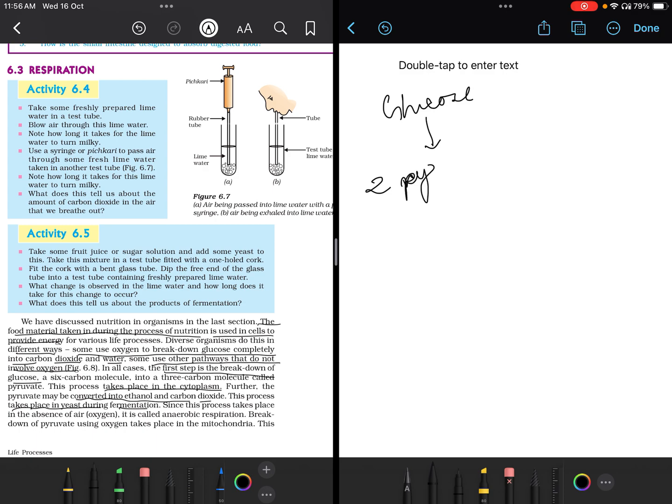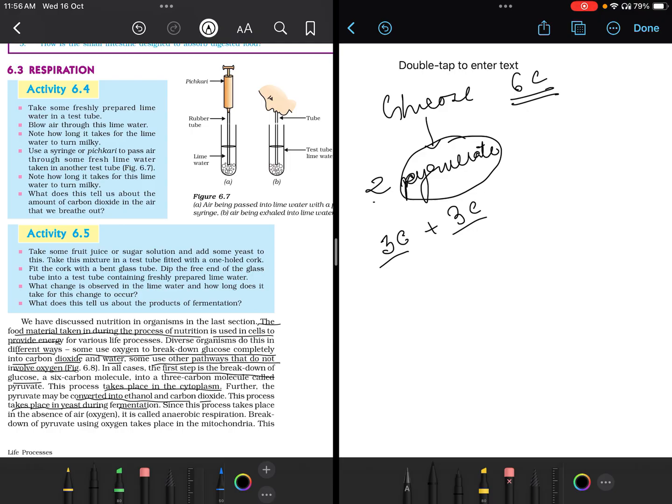Why two molecules? Just think why two molecules. Glucose has 6 carbon, right? And pyruvate is 3 carbon. So one glucose molecule can give two pyruvates. So one glucose breaks down into two pyruvate.